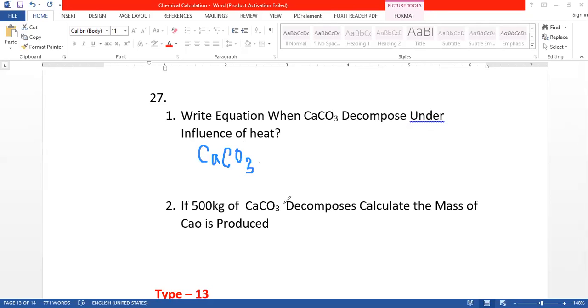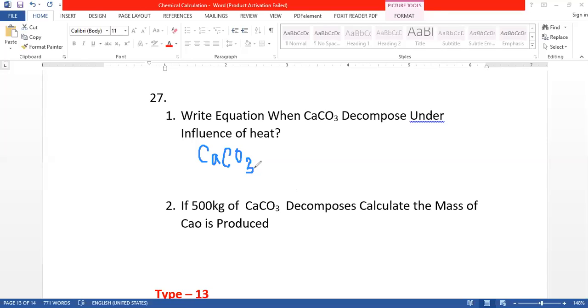You know there are four types of reaction: displacement reaction, with single displacement and double displacement, and decomposition reaction.